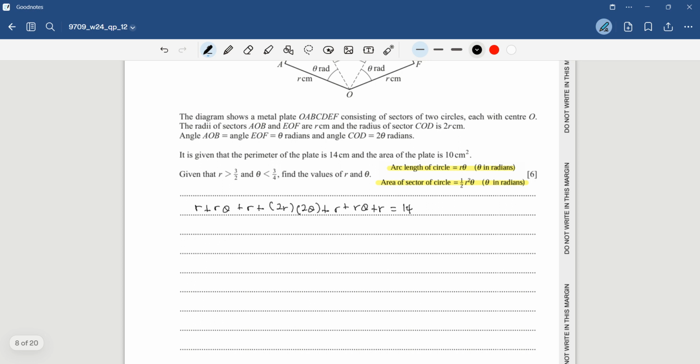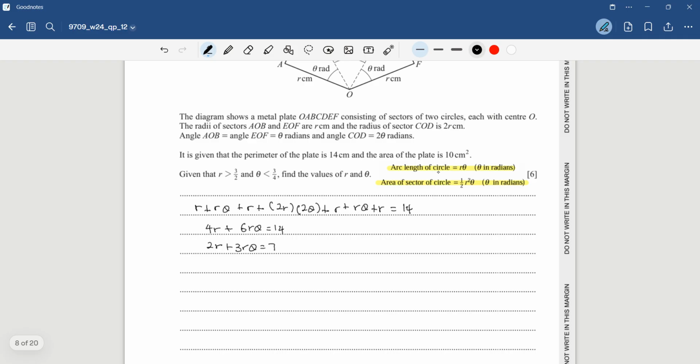Okay, so if you simplify this, you'll get 4R plus 6R theta equal to 14. So you can simplify this: 2R plus 3R theta equals 7. Okay, this is the first equation.